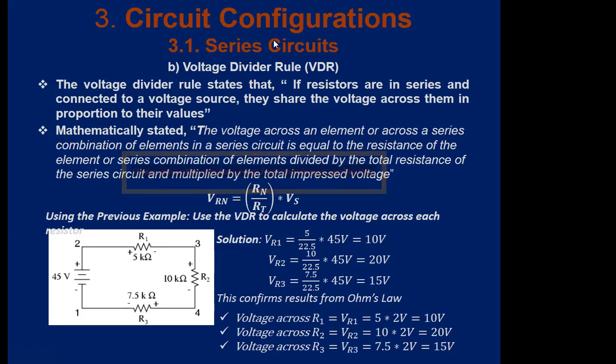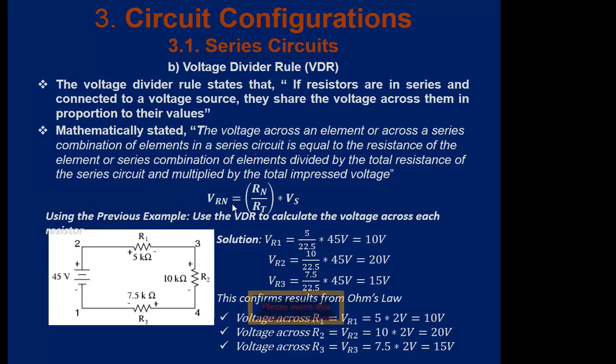So that is what it means when we say they share the voltage across them in proportion to their values, their resistances. So mathematically, we can say the voltage across an element or across a series combination of elements in a series circuit is the resistance of the element or of the series combination divided by the total resistance of the circuit.